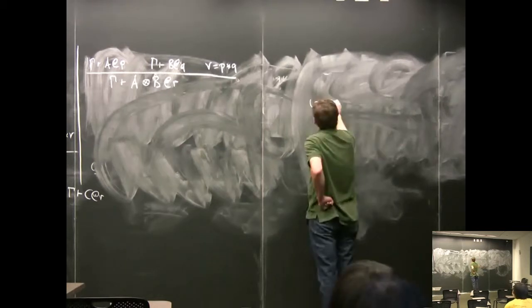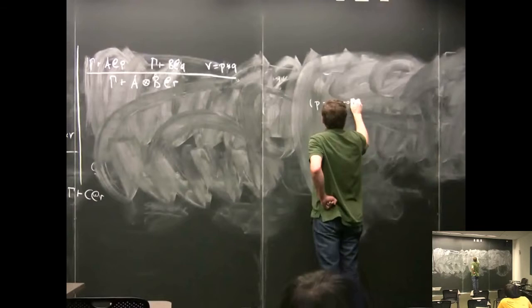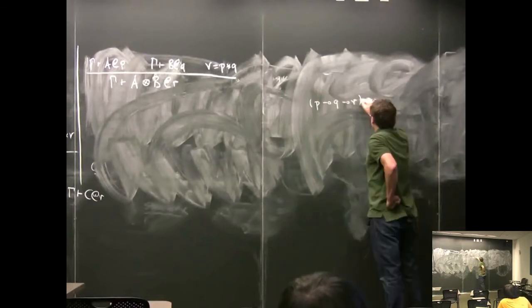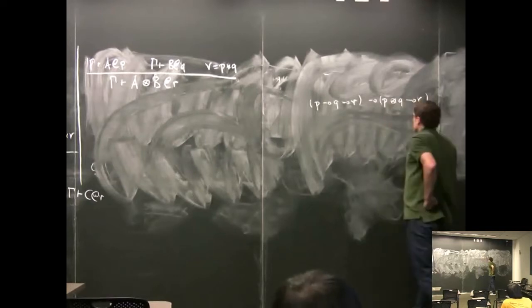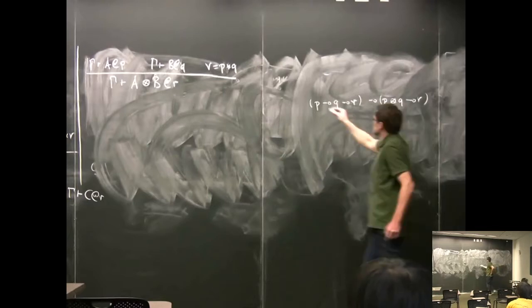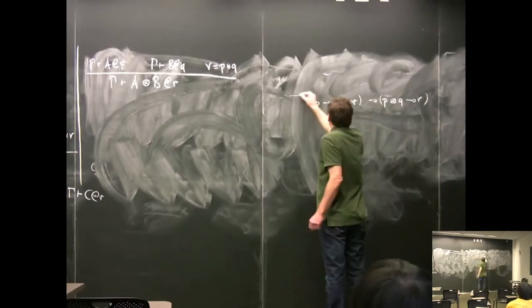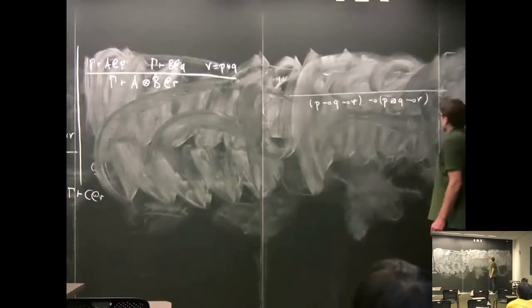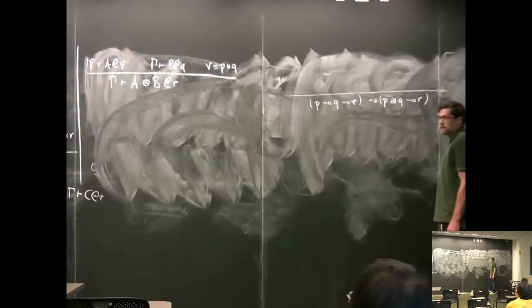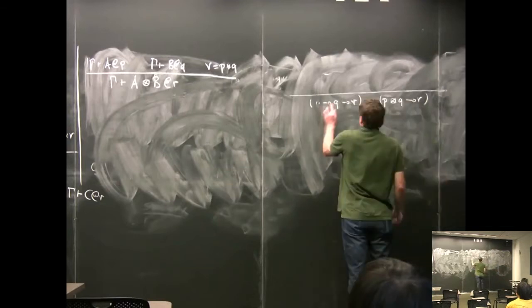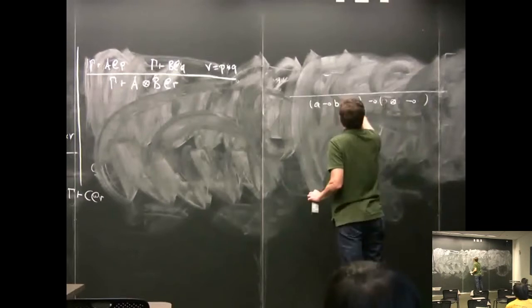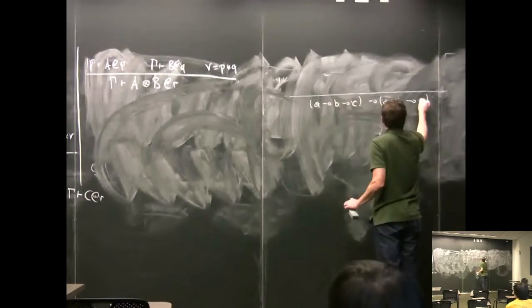So P arrow Q arrow R implies P tensor Q arrow R, right? That's part of the currying. Okay, so when we start, oh yeah, the letters are not good. A arrow B arrow C proves A tensor B arrow C.